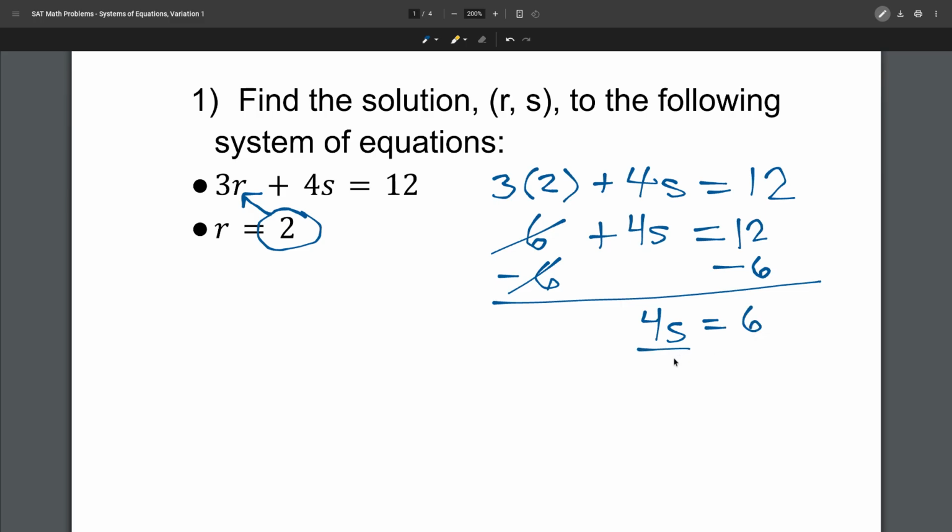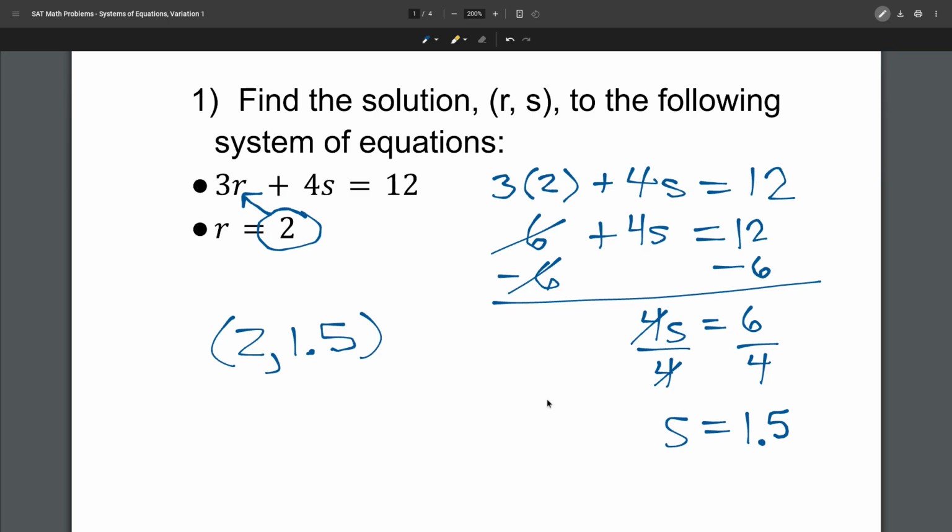Okay, divide both sides by 4. Those will cancel, and we'll get s equals 6 over 4, or 3 halves, or 1.5. Okay, so our solution here is going to be 2, 1.5.